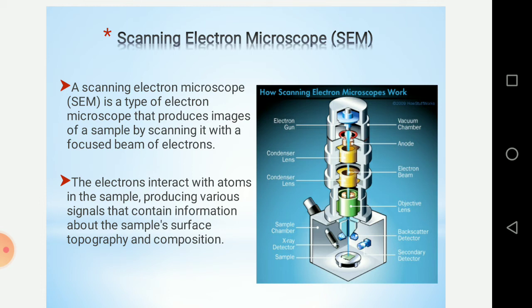When the electrons strike the surface of the specimen, it generates some radiation, and that radiation is detected by the X-ray detector. When the X-ray detector detects that radiation, it transfers it in the form of an image, and that image we can observe on the screen, meaning on the laptop or computer.